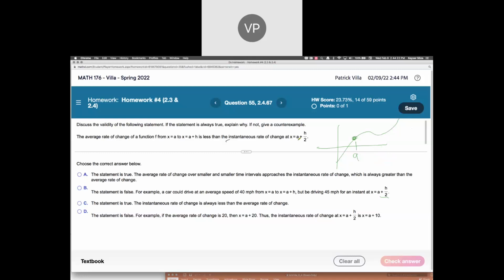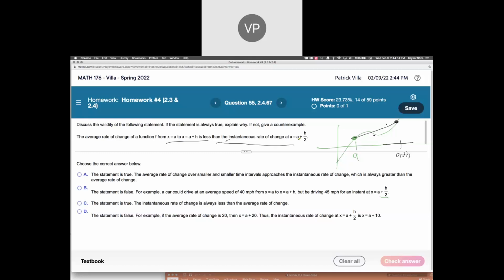If I said, let's make this over here be a plus h, okay, this is a little more obvious. This is the slope, the average rate of change there. But in the middle, it might have a tangent line like that. And you can see this is definitely going to be a lower slope than this one. So in this case, it's not going to be less. This is a case right here where our slope is actually going to be bigger. So that's one example where it's false.